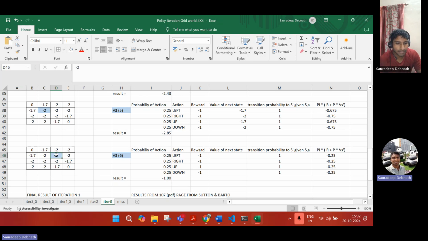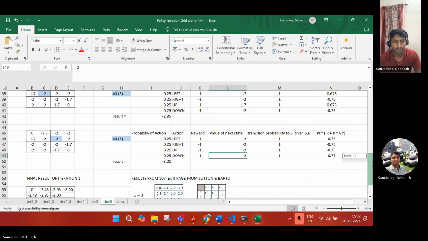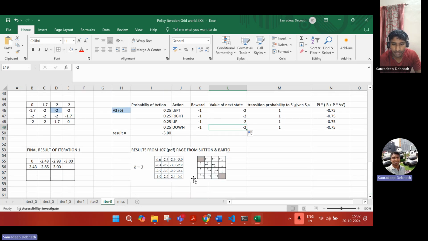Here, whether I take left, right, up, or down, it's always -2. So for every possible state, the value function of that next step is -2. Right, let's see if the values match. -2.43, -2.43, -2.93, and this is the approximation, -2.85.